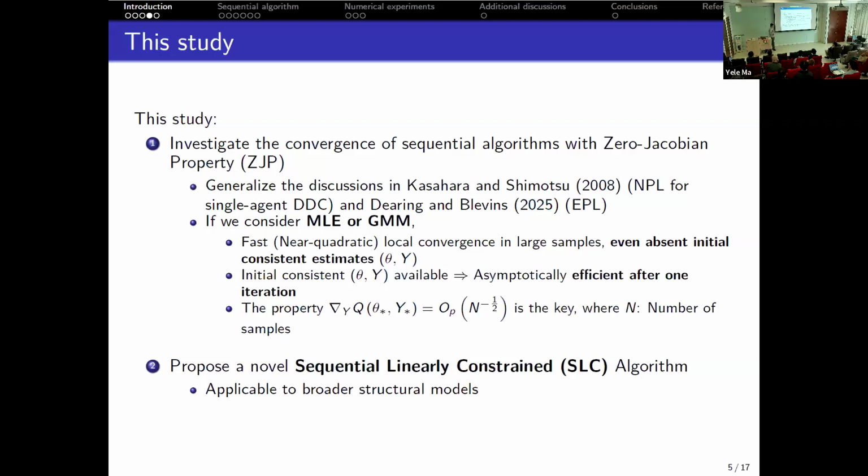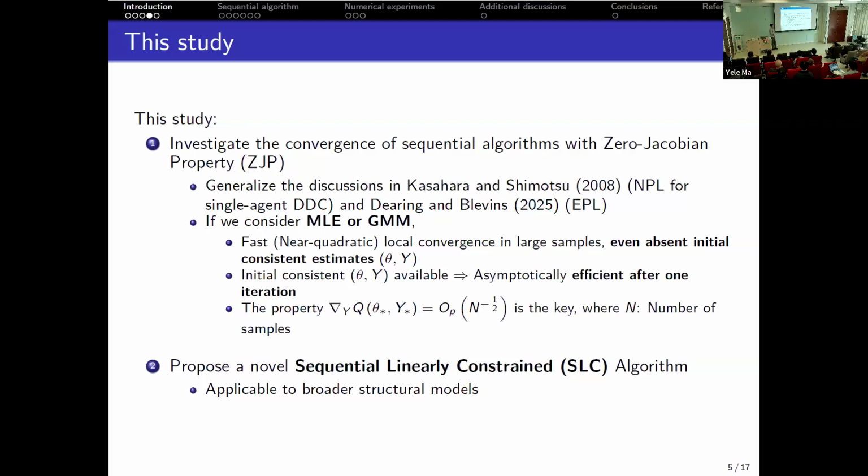And so in this study, first, I investigate the convergence property of sequential algorithms with zero Jacobian property that we call ZJP. Basically, I generalize the discussions in these two papers.